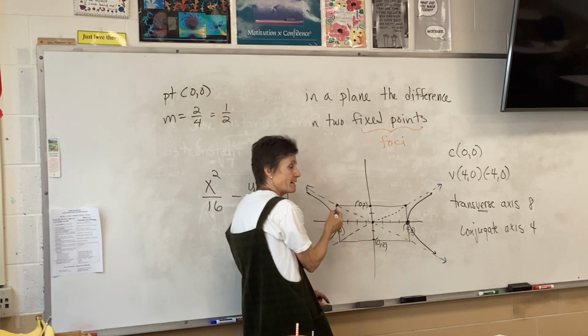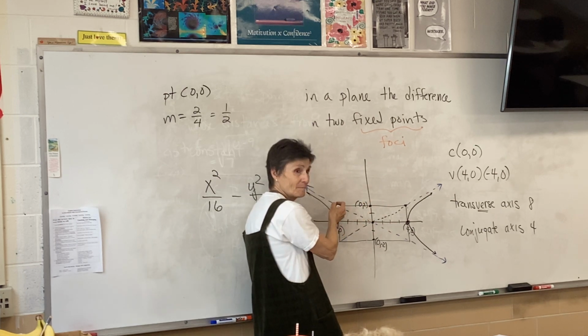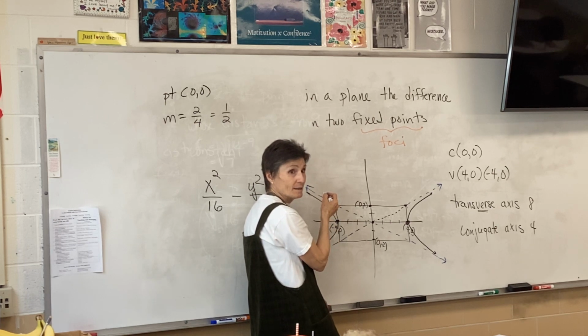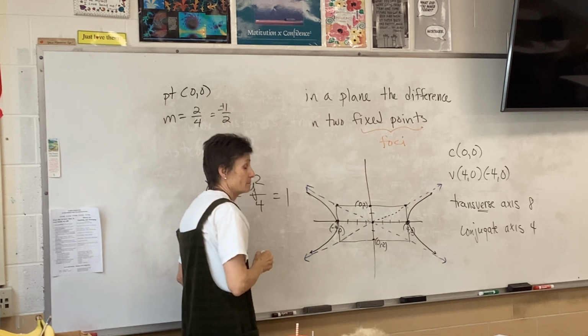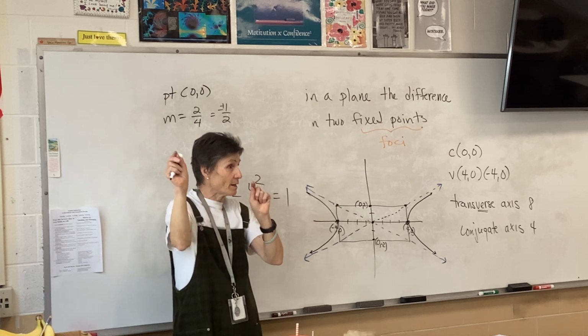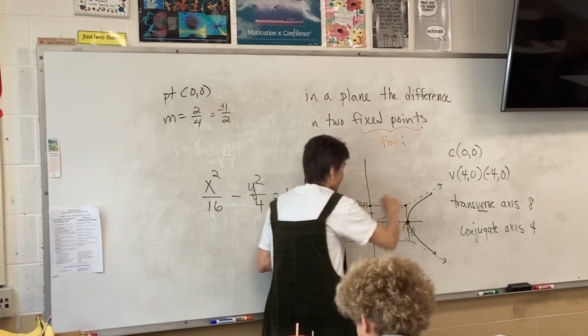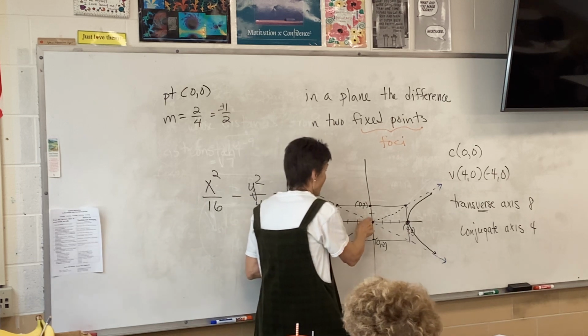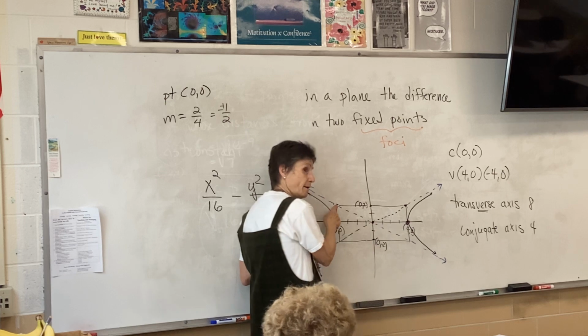I'm still going up 2, but now I'm going left 4, so that slope would be -1/2. One direction it's positive, one direction it's negative.